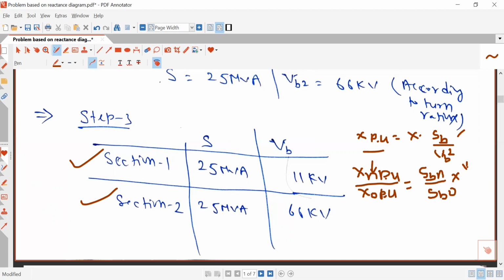So VB old by VB new whole square. So this will be the formula through which you can get new value of the reactance. So you have to use this formula to change the base value of the reactance.